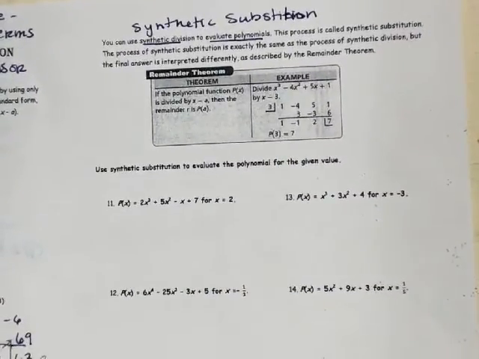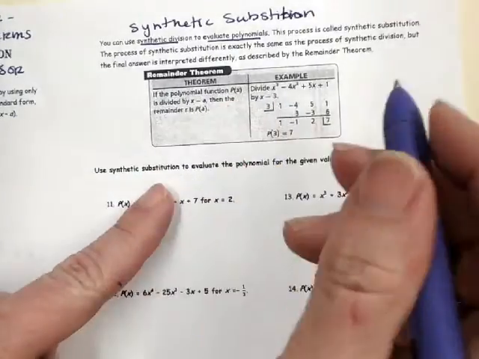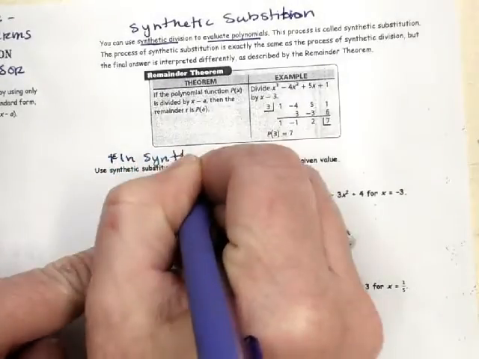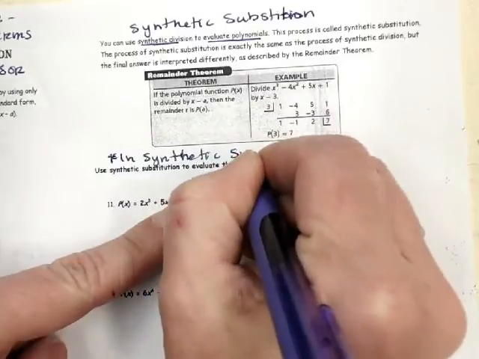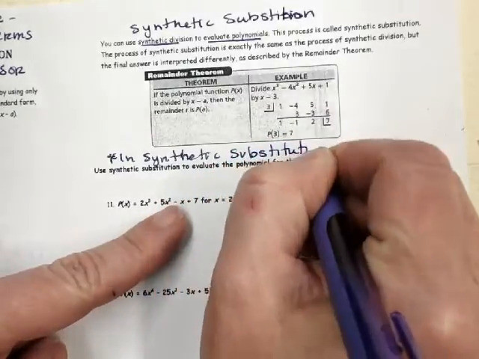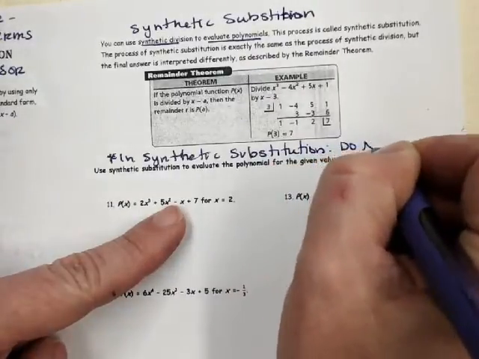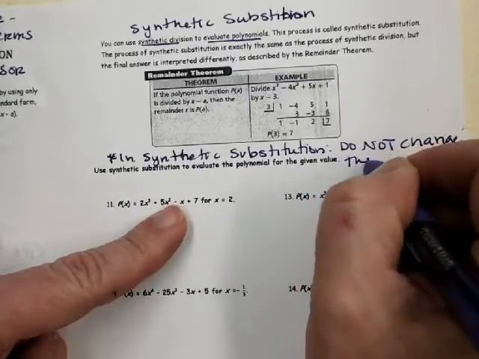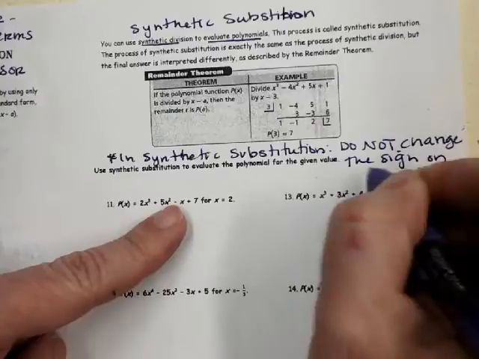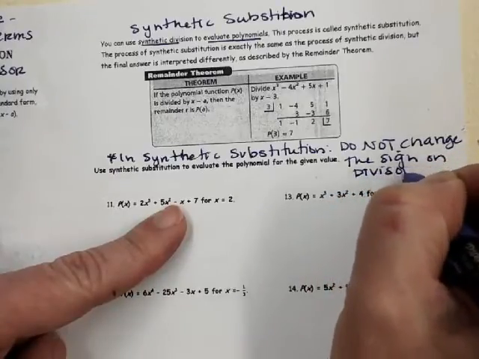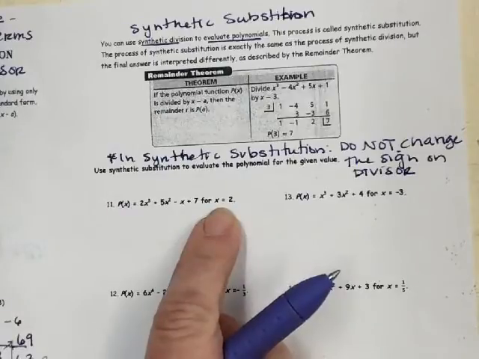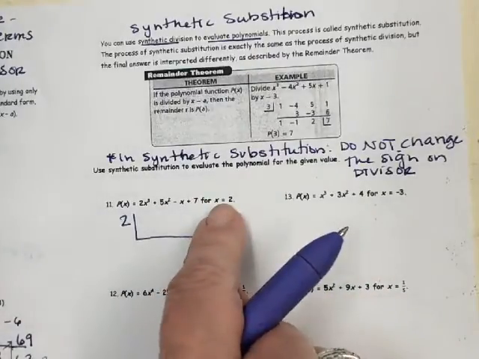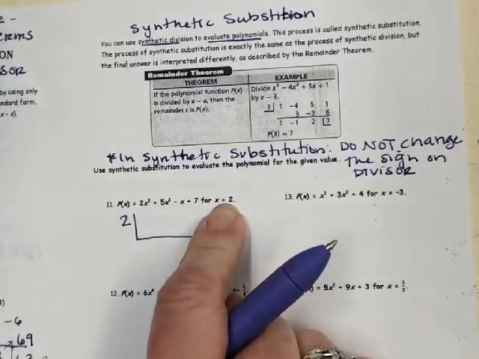So the difference in the substitution and division is that you do not change the sign on the divisor. In other words, if that says x equals 2, then on the outside of my division, I'm going to put 2. Whatever it says, that's what you use. You do not change the sign if you're doing substitution.